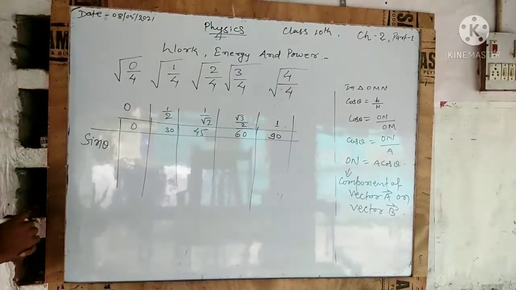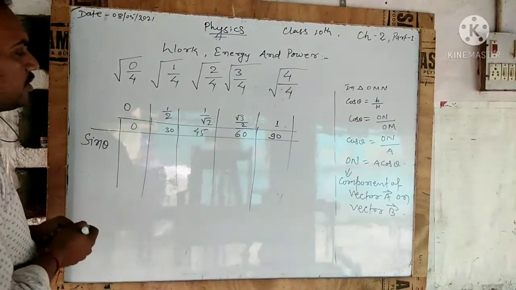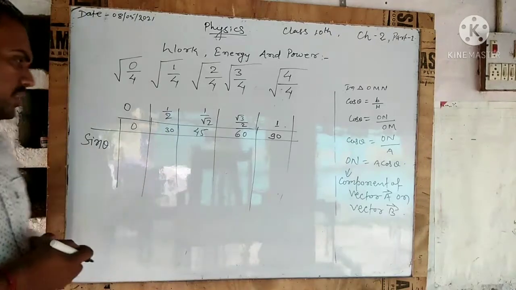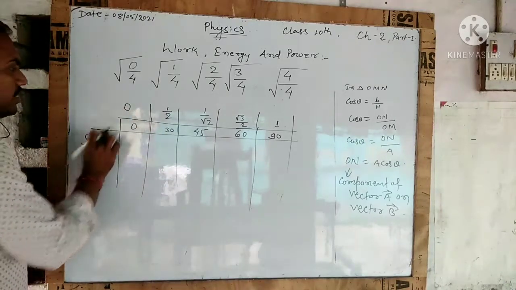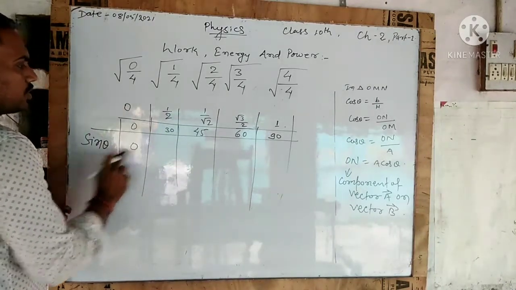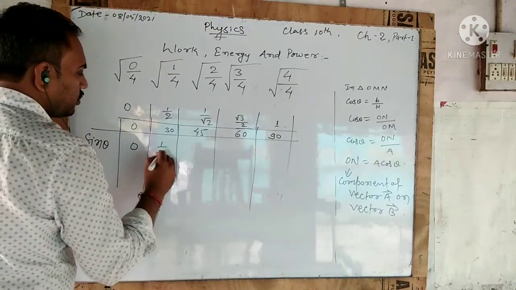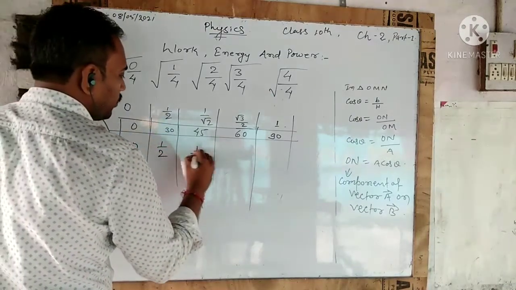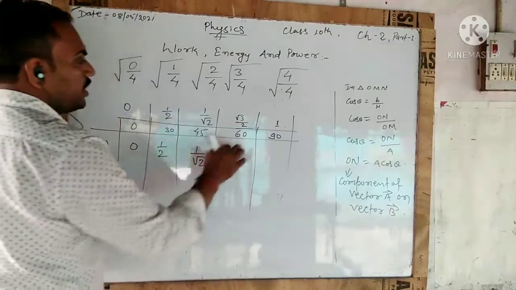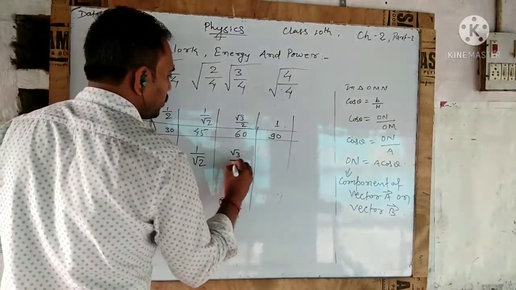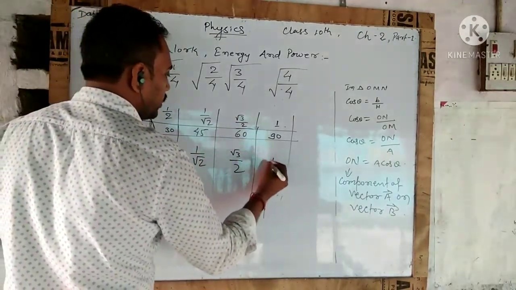This is the set of angles which we generally study. Sine 0 is 0, sine 30 is 1 upon 2, sine 45 is 1 upon root 2, sine 60 is root 3 upon 2, sine 90 is 1.